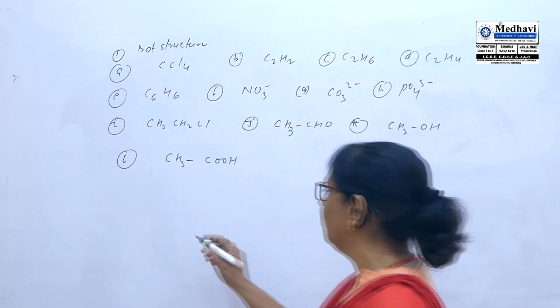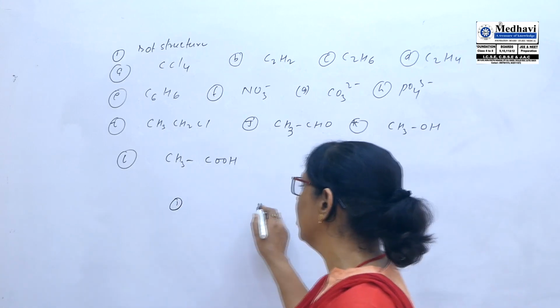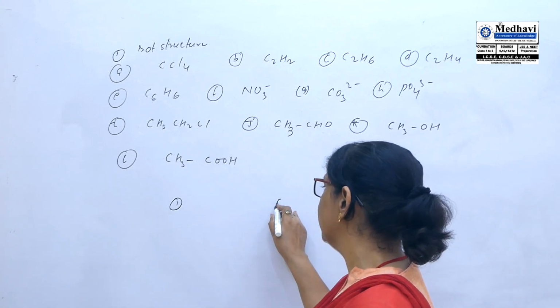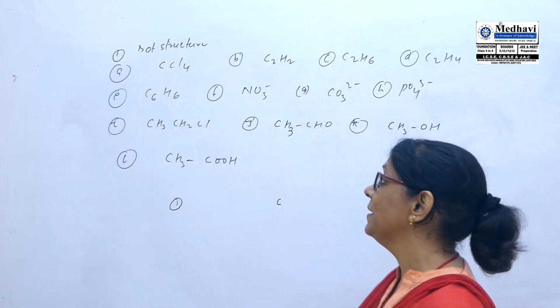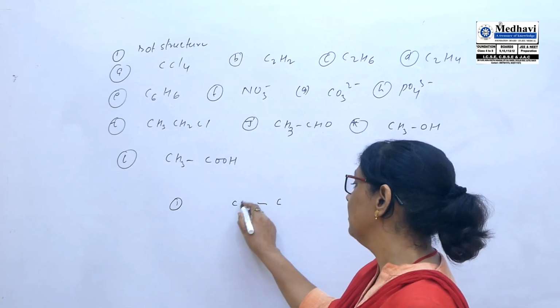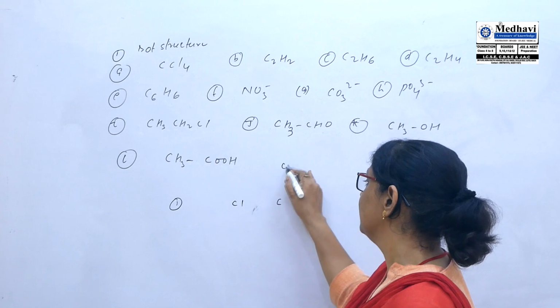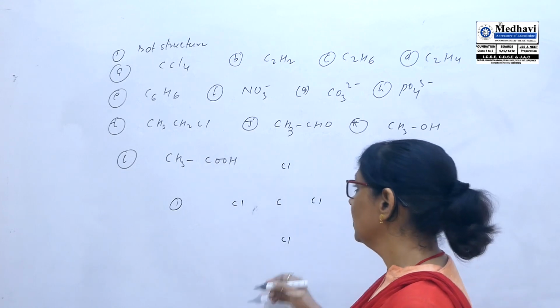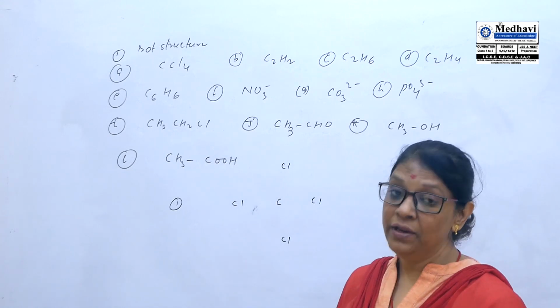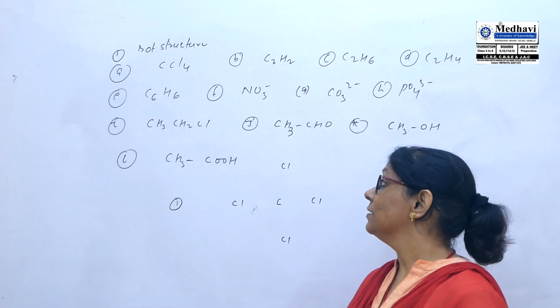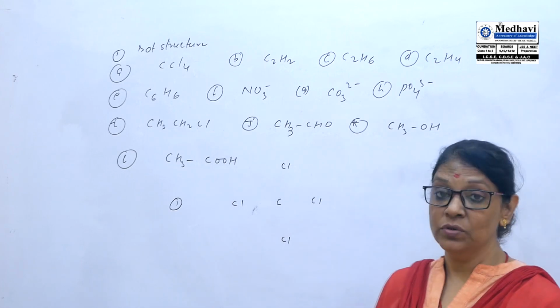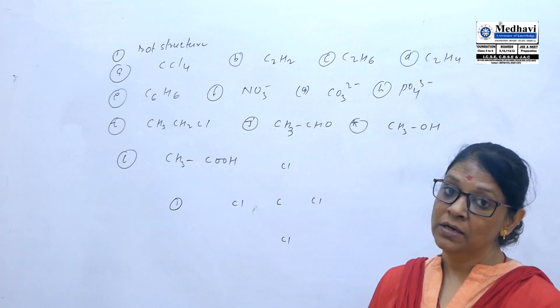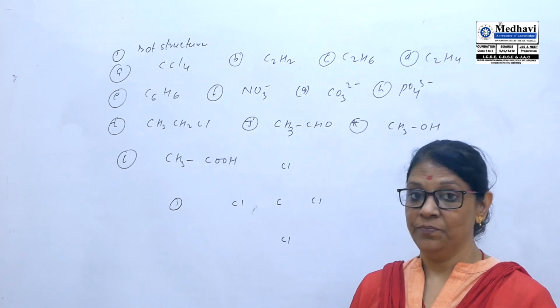For CCl4, whenever we make the bonds of CCl4, we have to select which one is the central element. Here the central element is carbon, and 4 Cl atoms are there. One thing I want to remind you: the dot structure I am going to use is for covalent as well as coordinate compounds.